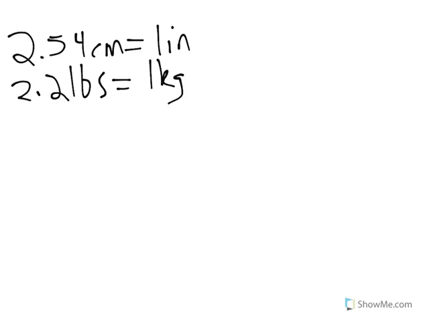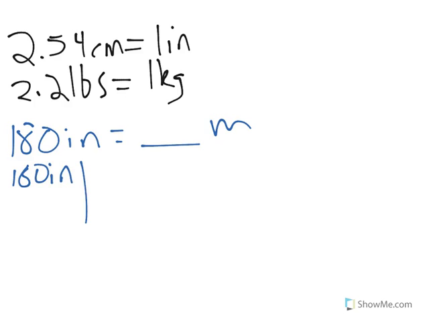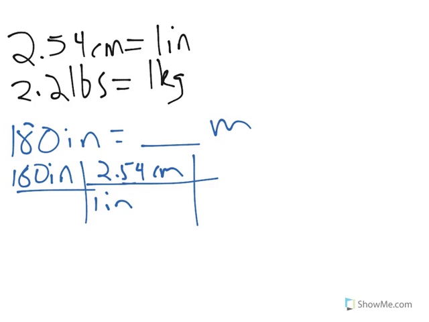So what if I'm trying to get from, say, 180 inches into some number of meters, okay? I have to go from 180 inches to meters. So what I'm going to do is go 180 inches, and then 1 inch has 2.54 centimeters in it, and then there are 100 centimeters in 1 meter. And then I'm going to multiply across the top and divide by the bottom.